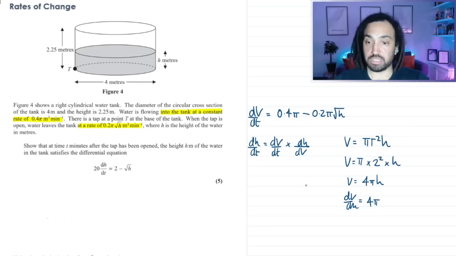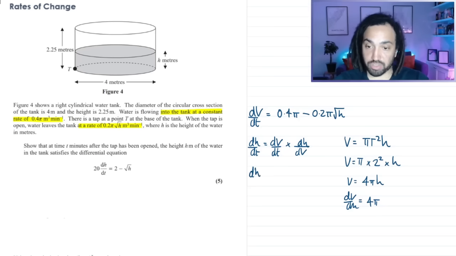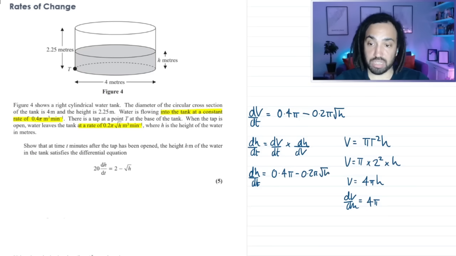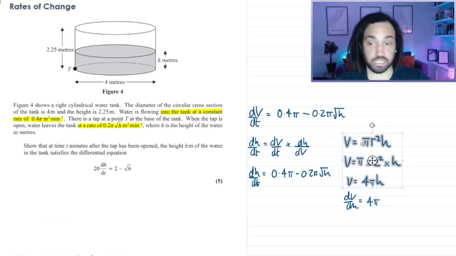Okay, great. So now I think we are good to find dH by dt, because it's dV by dt, which is 0.4 pi minus 0.2 pi root h.